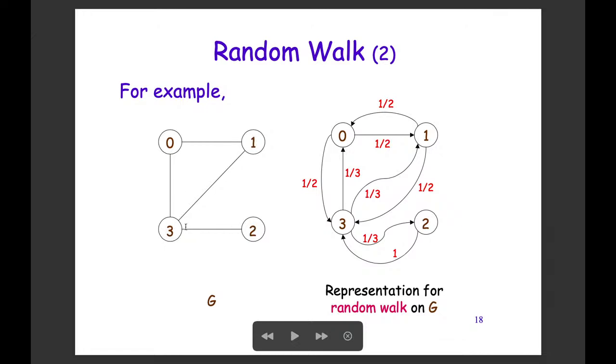And then what is meant by an Eulerian tour? We start from one vertex and travel each edge exactly twice. For this particular example, we go here, come back, and go here, and then come back, and then go here, and then come back. So we will see that this is an Euler tour.